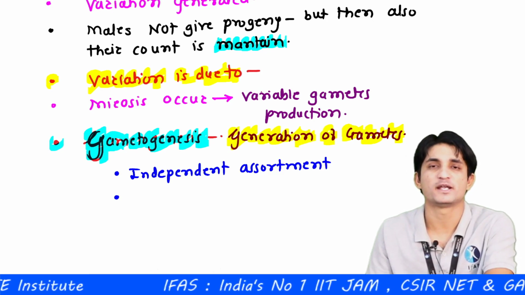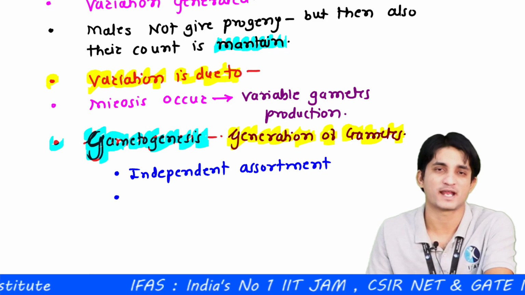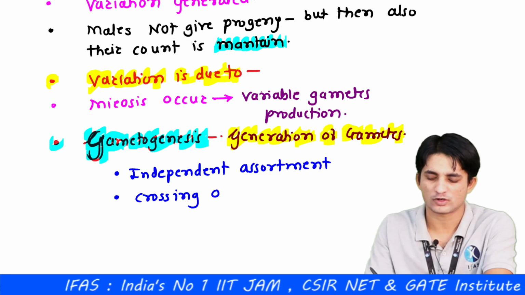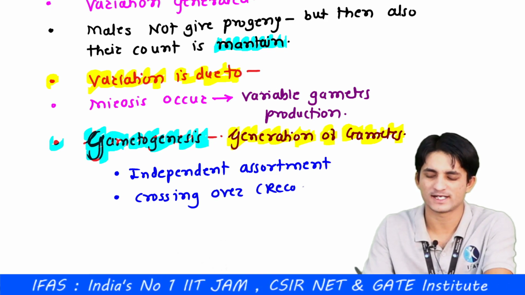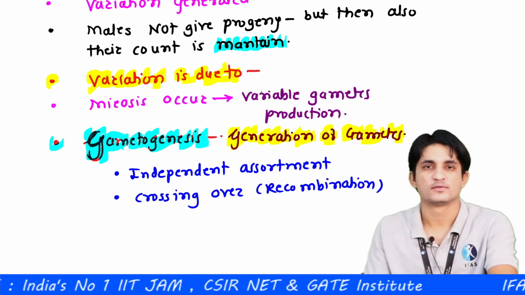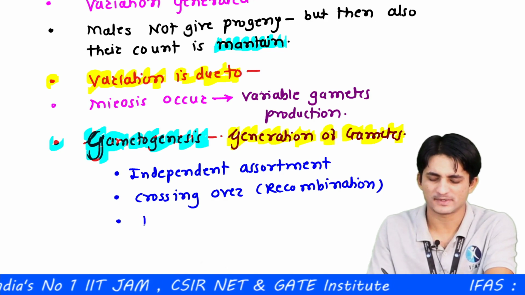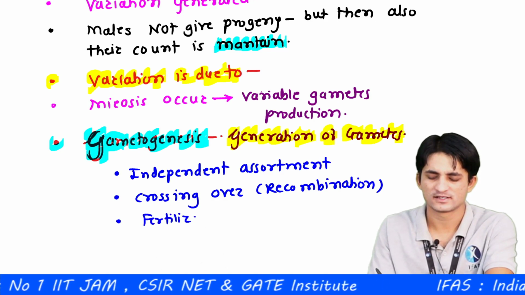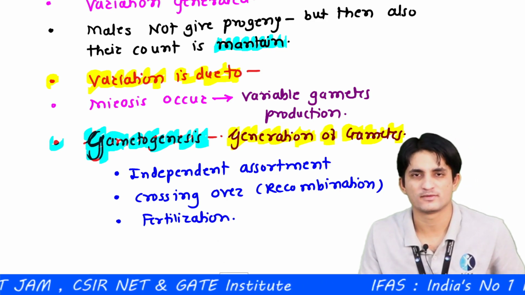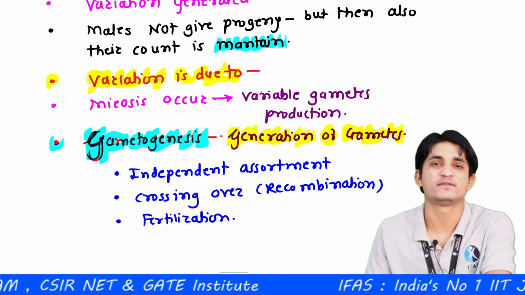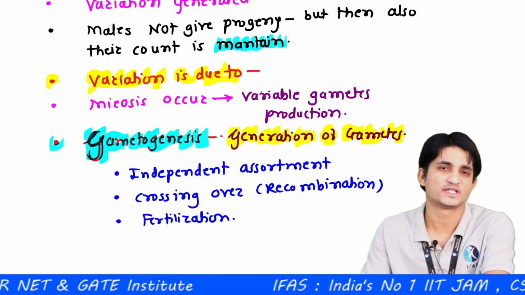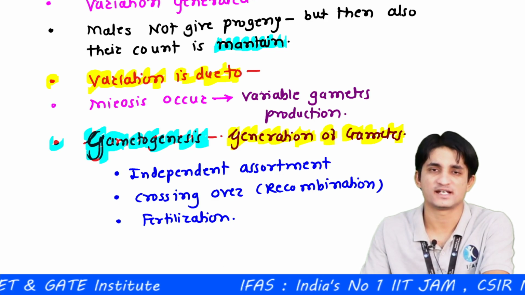So first, independent assortment produces largely variable gametes. Then there is crossing over, or we can call it recombination. That is also a reason for the variation. And after that, fertilization, that is, any one gamete can be fused with the female. So from the male one sperm can fuse with the female, and therefore because of independent assortment and crossing over, high variation is generated.